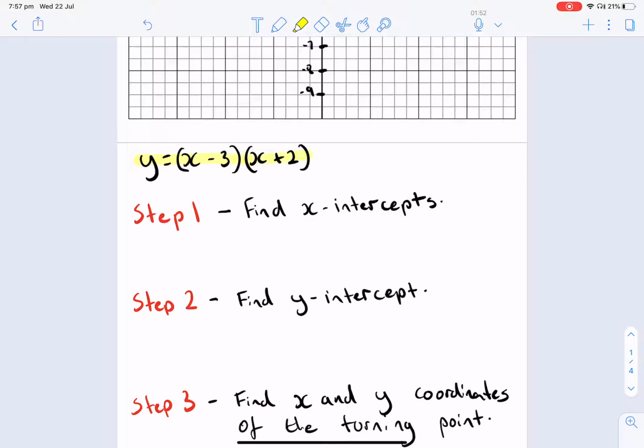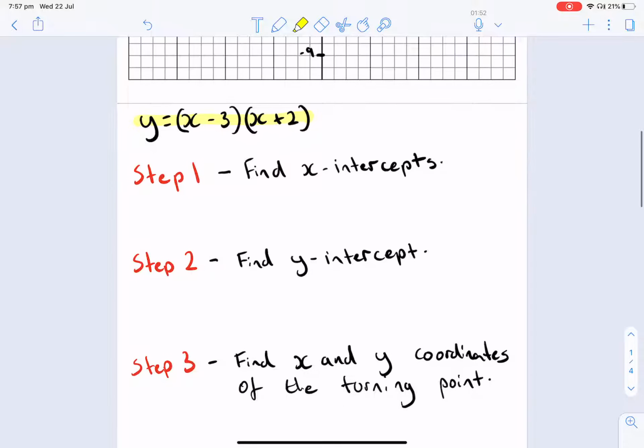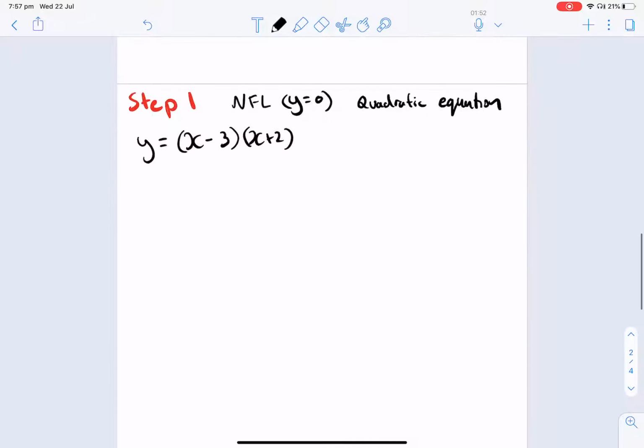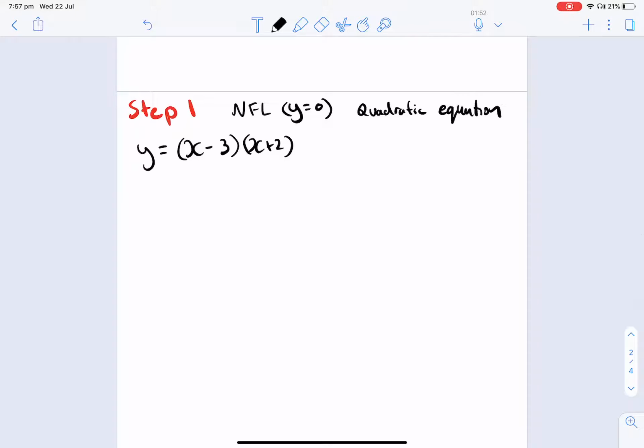So the equation that we're working off was one from our PowerPoint 1 of sketching parabolas, which is y equals x minus 3 and x plus 2. So this equation's already been factorized for us. We'll start off with step 1. When we are trying to find our x-intercepts, there's 2 options available to us.